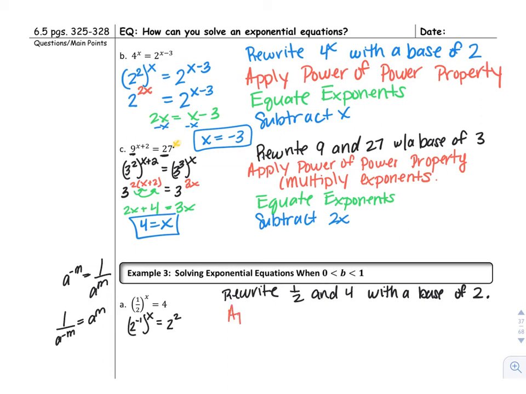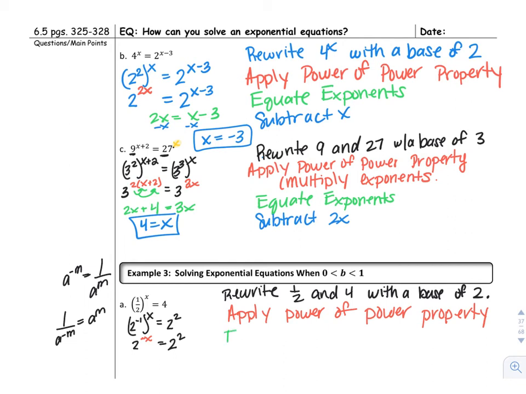Then we can apply the power of power. So this one's pretty simple because when you multiply the exponents, you're just going to get 2 to the negative x is equal to 2 squared, so keeping our bases at 2.